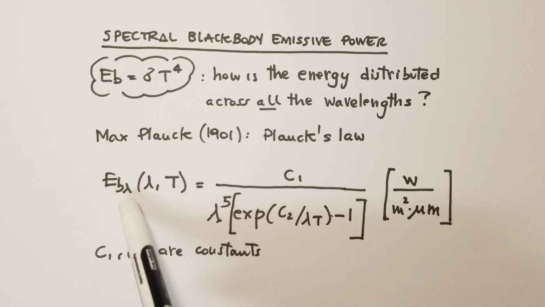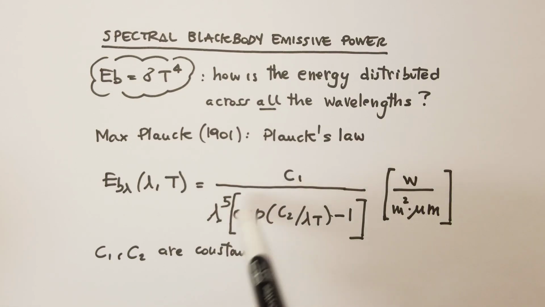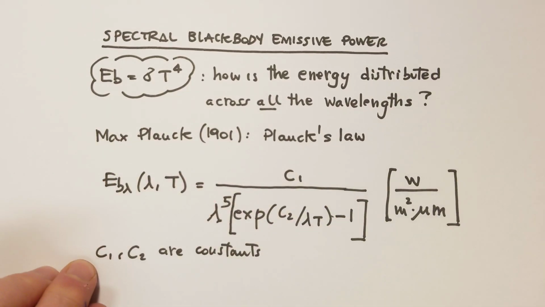We can see that E_B lambda, which is the spectral black body emissive power, depends on the wavelength now and also on the temperature. And you see here lambda and the temperature appearing in the formula. What we can do is sketch this function as a function of lambda.